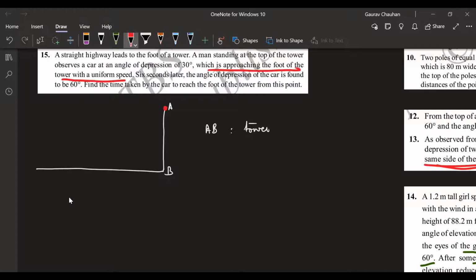You all already know about speed and acceleration. When I say uniform speed, it means if it is 5 meters per second, it will be 5 meters per second throughout. Every second it is covering 5 meters only. It's not changing.